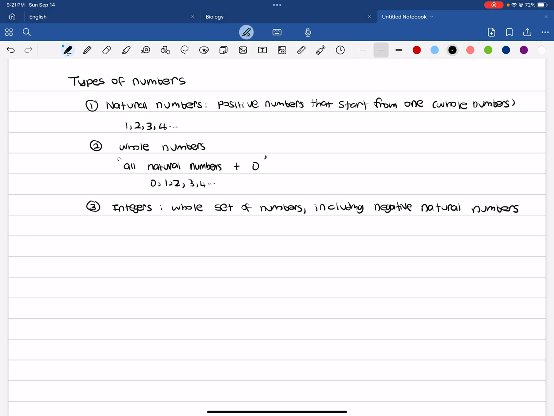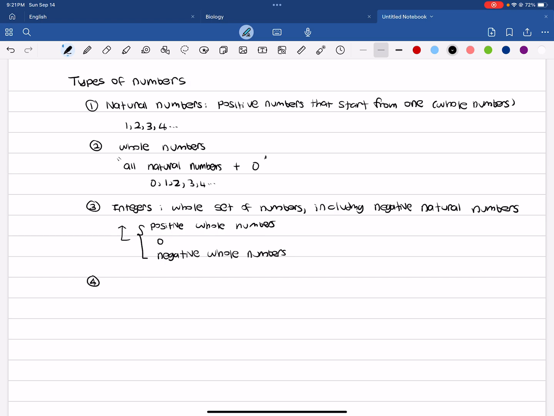Okay, so basically, we have positive numbers, whole numbers to be more exact. We have negative whole numbers, and we have 0. This is integers.